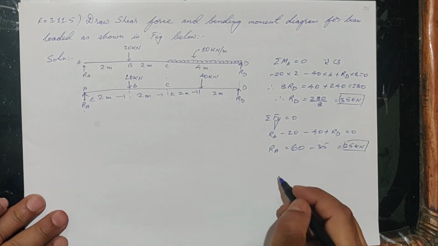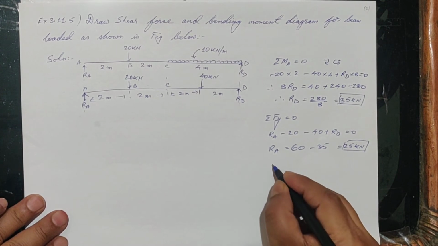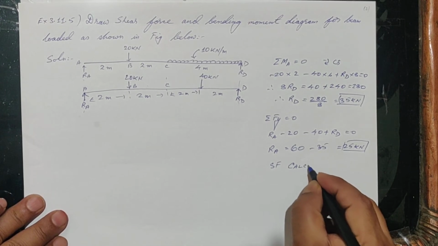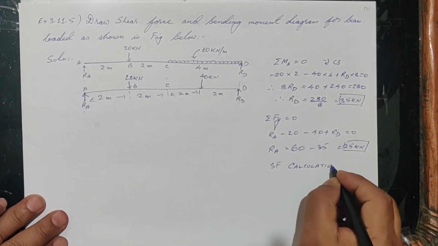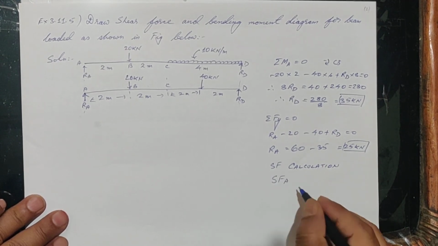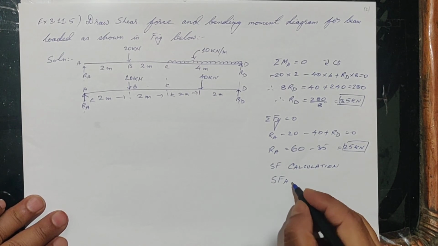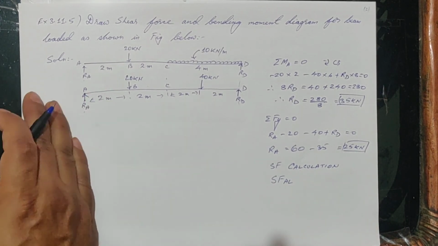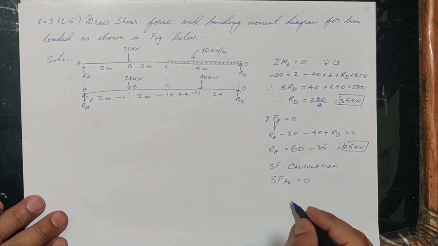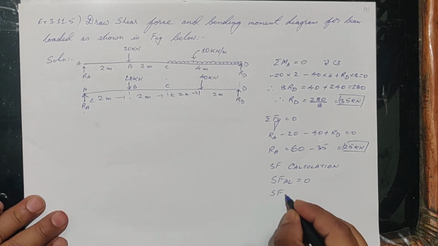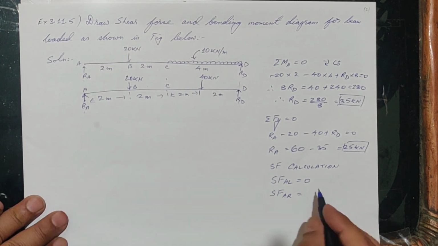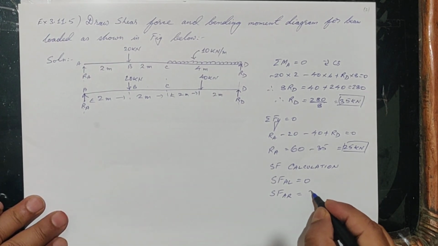So now we can take up the SF calculation. SF at A, we will take the left hand side of A. There is no force on the left hand side of A, so that will be 0. SF at A, right hand side. Right hand side we have got RA, so that has to be considered, that is 25.